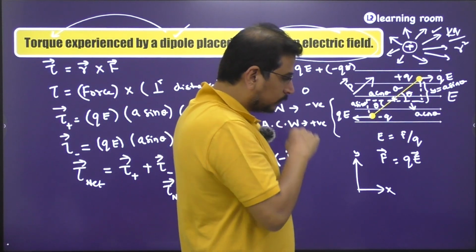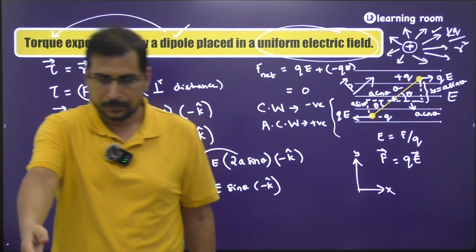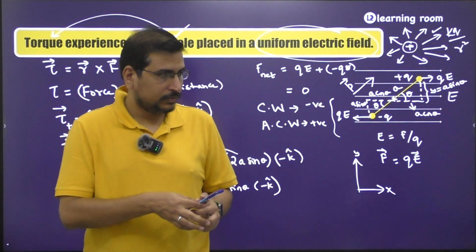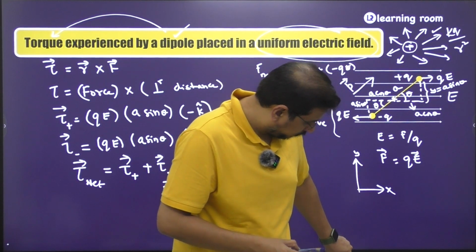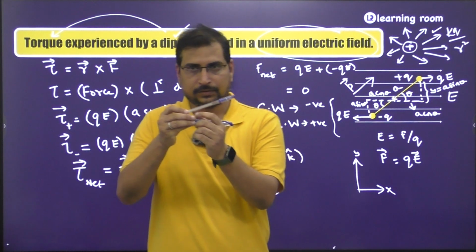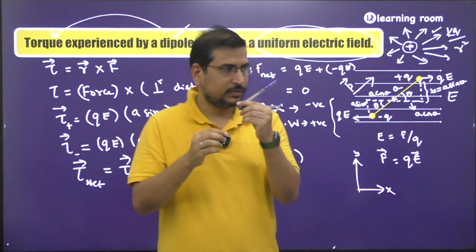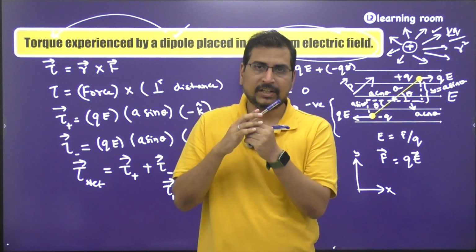Right? So listen to this carefully. See, if suppose the system is like this, where I call this as A vector and this as B vector.